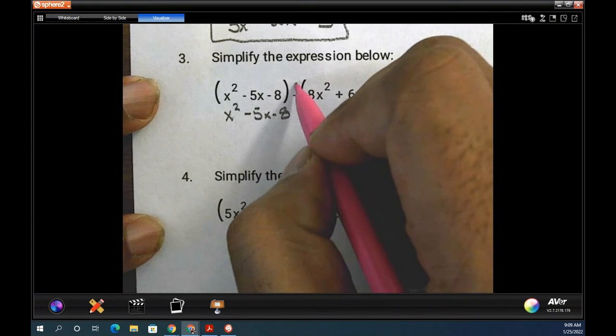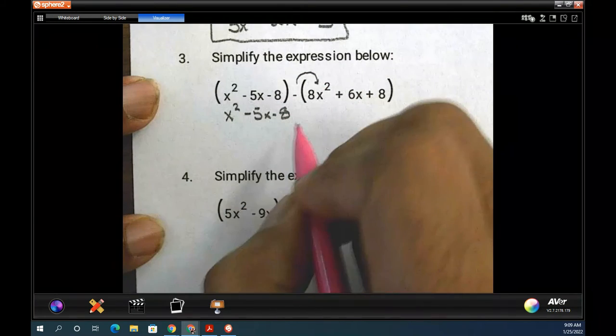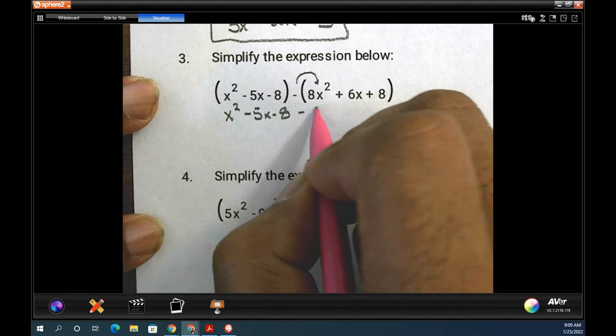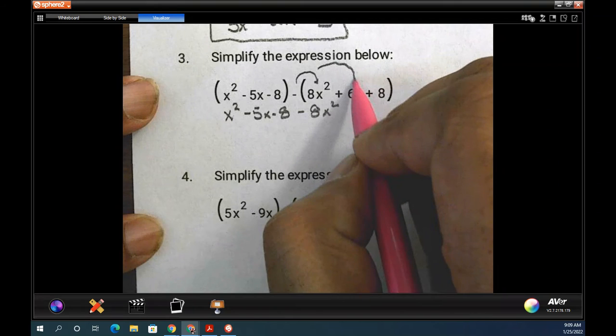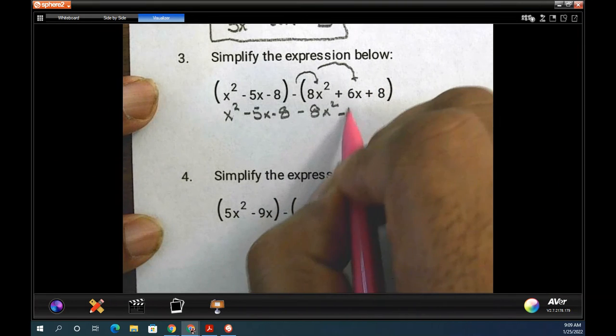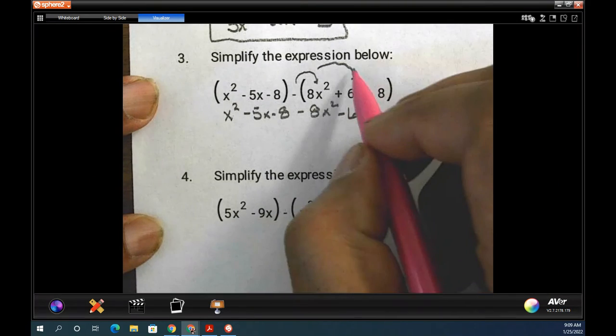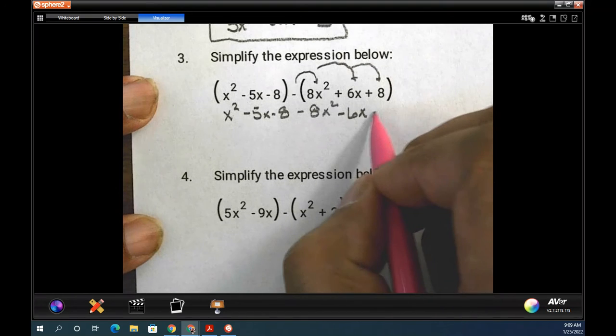Distribute this negative. So it's -1 times 8x squared, which makes minus 8x squared. -1 times 6x makes minus 6x. -1 times 8 makes minus 8.